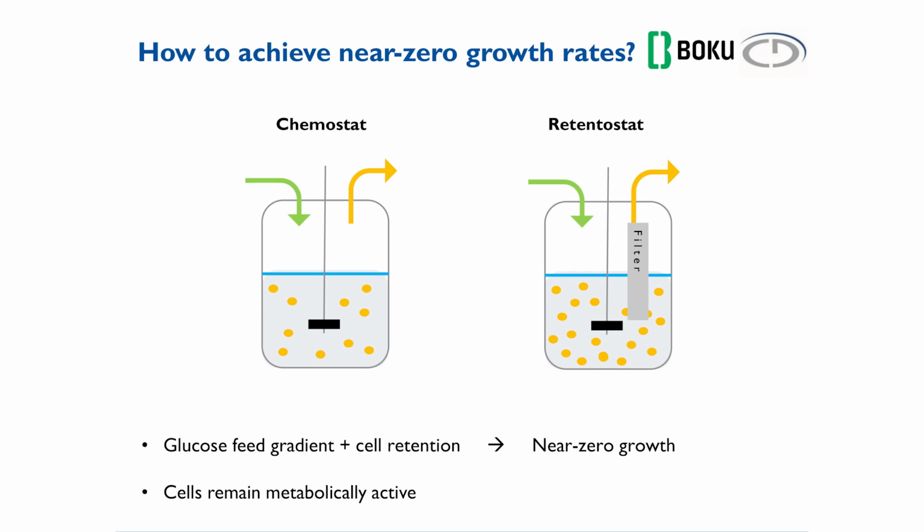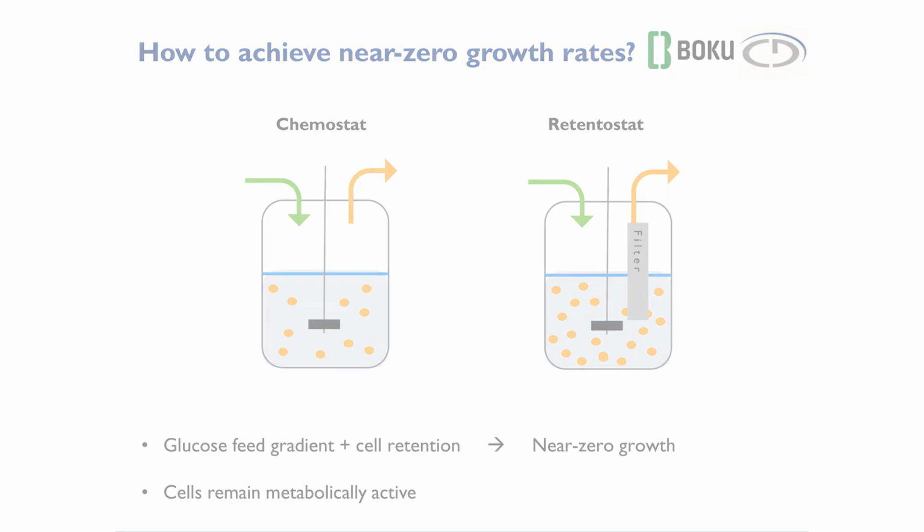When you combine that with a possible glucose feed gradient, you can transition to a point where the substrate uptake rates basically are enough to satisfy maintenance, but not to grow. It's very different to starvation conditions. The cells remain metabolically active.